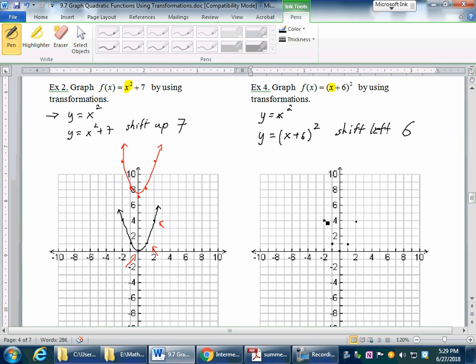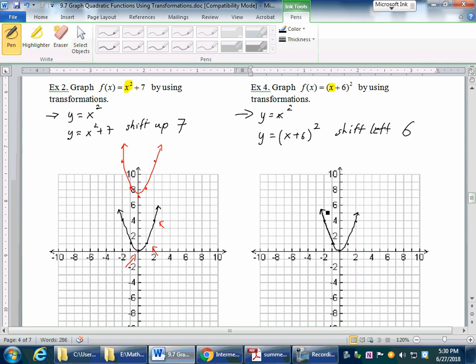And how do I get these points? I plug the x value into my parent's graph, and that will give me my y values. So I got my parent's graph.